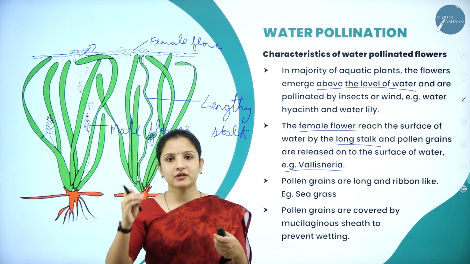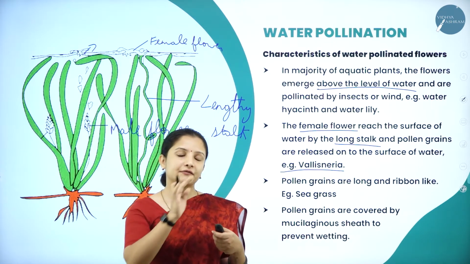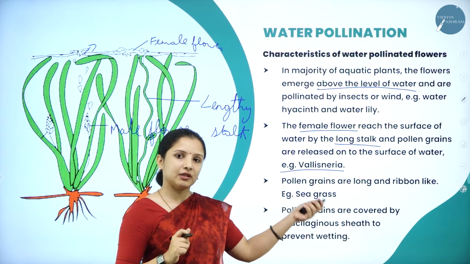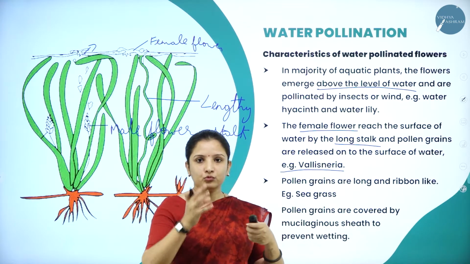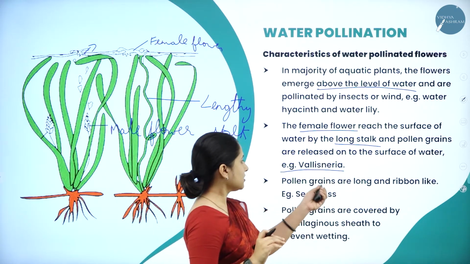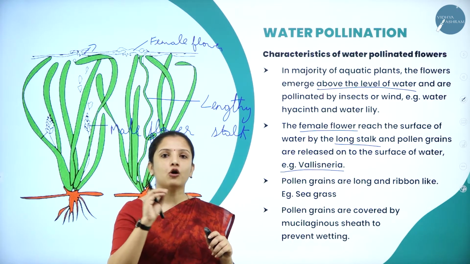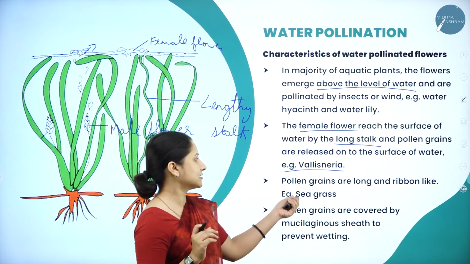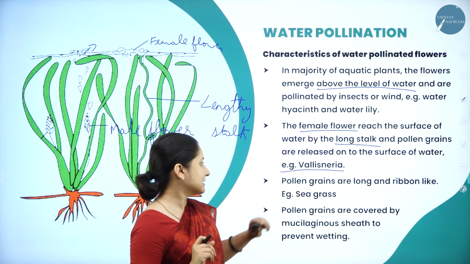In the tail of a kite, you tie a ribbon so that it can float easily in the air. Similarly here in water, to make them move easily to the surface of the water and to float, the pollen grains are usually long and ribbon-like. The best example of these long, ribbon-like pollen grains you can see in the seagrass.